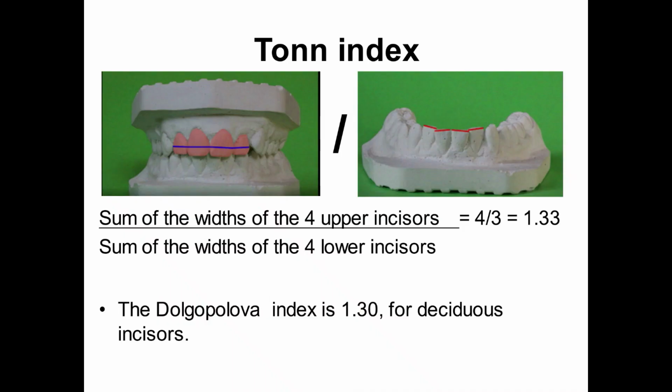There is a certain numerical relationship between the size of the teeth and the size and shape of the dentition. In physiological occlusion, the numerical ratio of the size of the permanent incisors of the upper and lower jaws is called the Tonn index, which is normally 1.33.